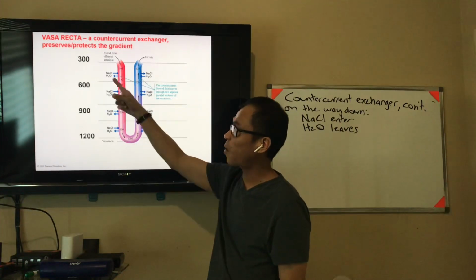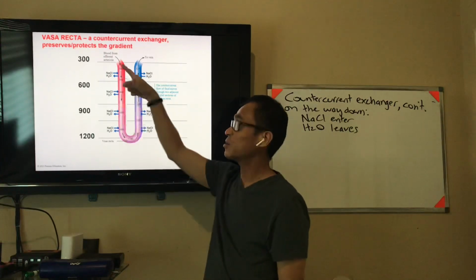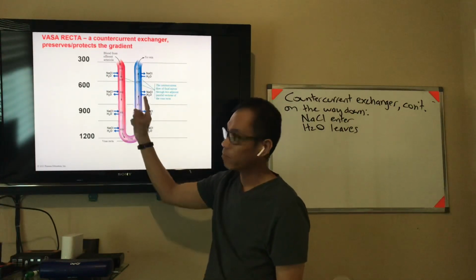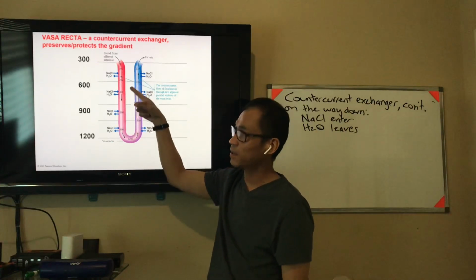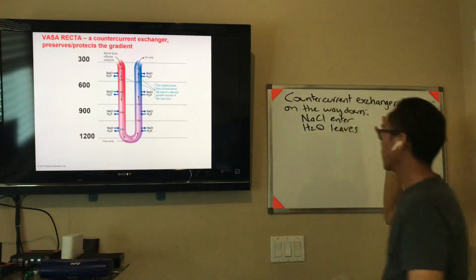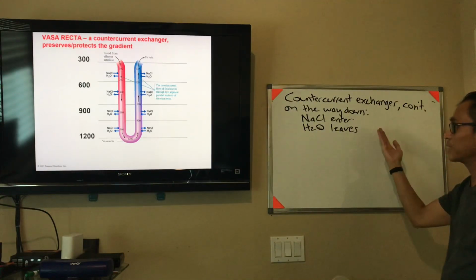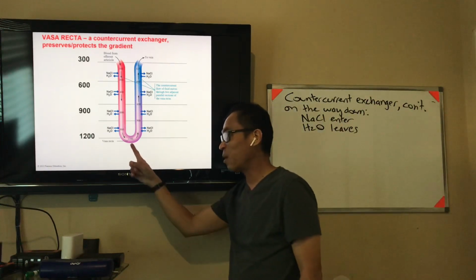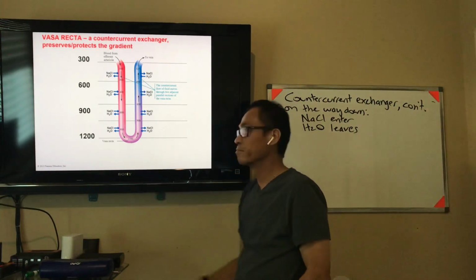That's why the saltiness of blood increases. Okay, and also water leaves. Why? Because as you go through a more salty environment, water gets pulled out because blood is less salty than the environment you're putting it through. So that's why salt enters, water leaves, and so basically the saltiness of the blood at the elbow of the vasa recta is 1200.